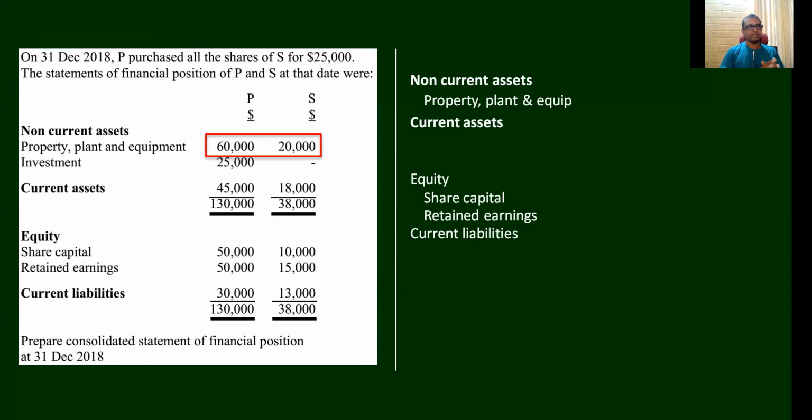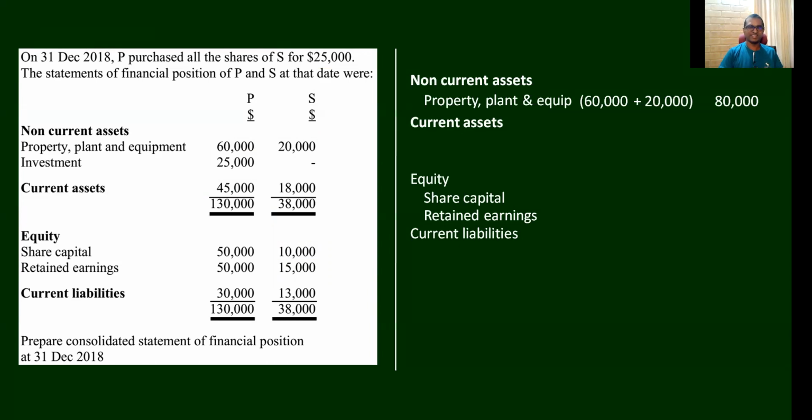Now you can see P company has property, plant and equipment, and S company also has property, plant and equipment. So for the entire P and S group, it should be simply the addition of these two. When you add P's property, plant and equipment and S's property, plant and equipment, the total is 80,000. That's the total for the group.